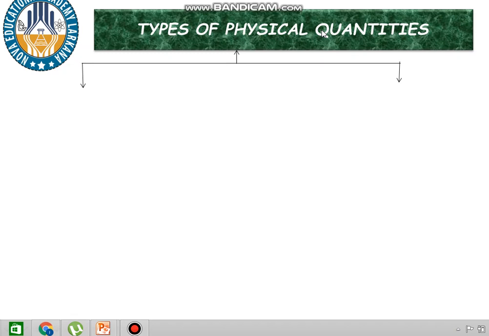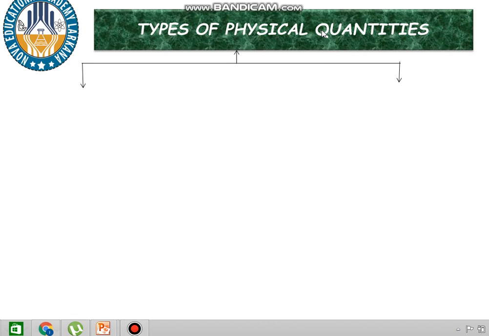Today we are going to learn the types of physical quantities. Dear students, scientists have also defined physical quantities as those quantities which can be quantified.